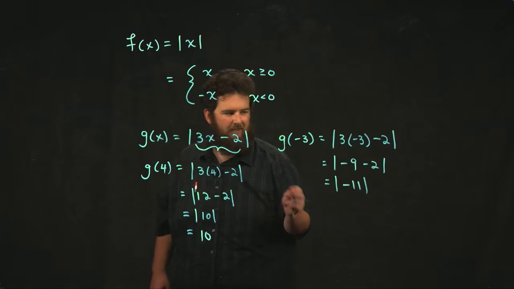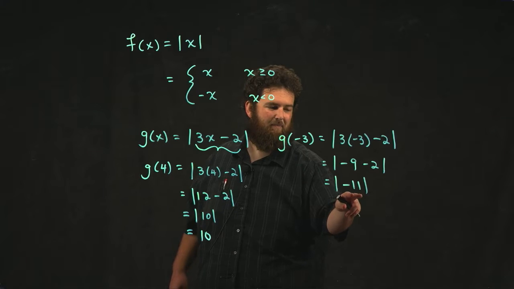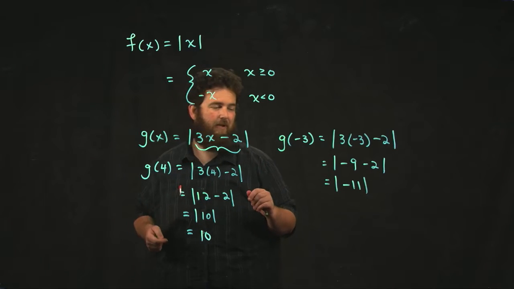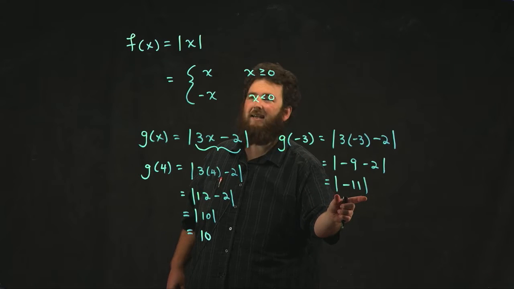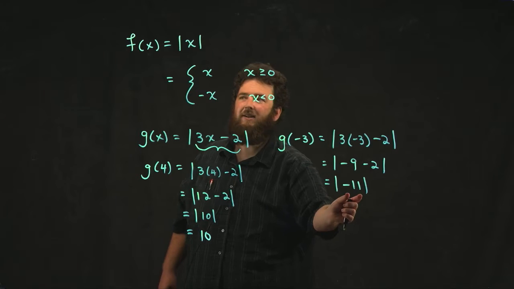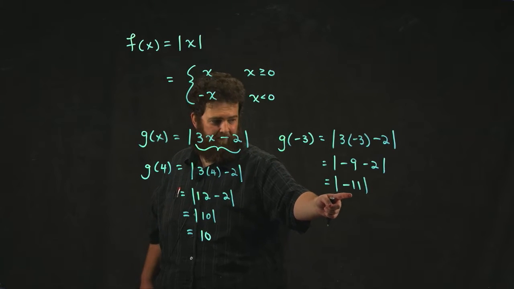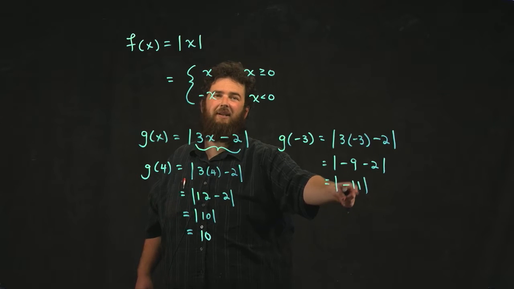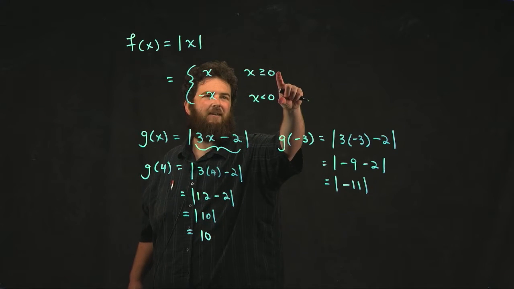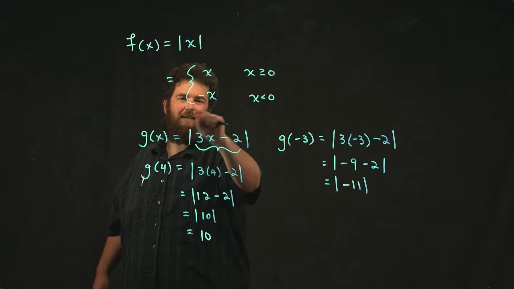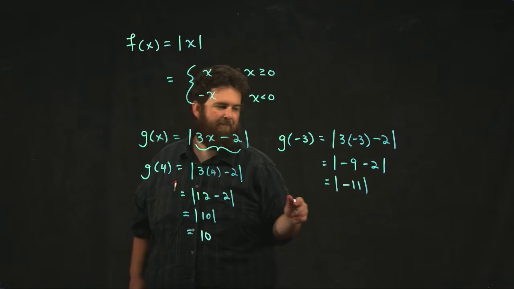Well, the absolute value of negative 11 is positive 11, right? It's 11 units away from 0. So we could also think of it as plugging it into this piecewise defined function. If I wanted to find the absolute value of negative 11, I would check here and say, well, negative 11 is less than 0. So I would find the opposite of negative 11, which is positive 11.